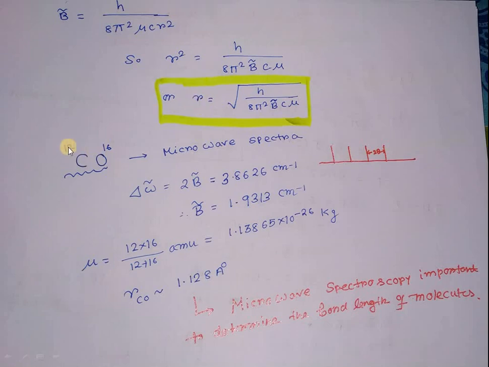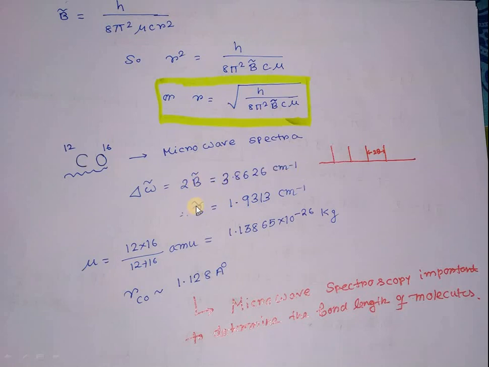Suppose this is carbon monoxide, composed of the C12 isotope, and for oxygen the O16 isotope. Suppose we obtain the microwave spectrum of this carbon monoxide molecule, and from this spectrum we obtain the 2B value, which is equal to 3.8626 centimeter inverse.